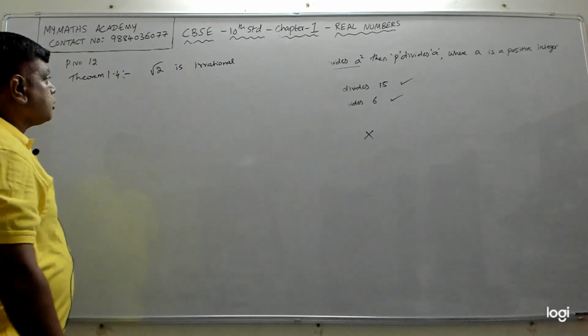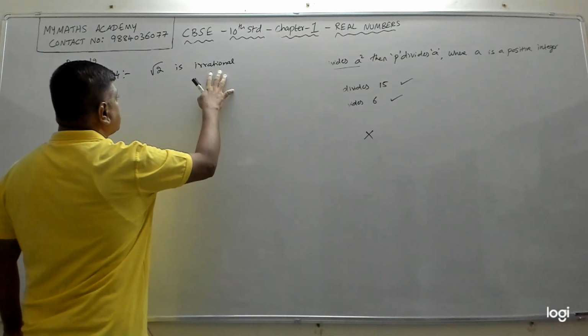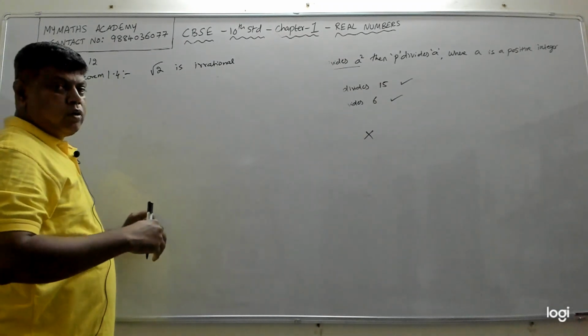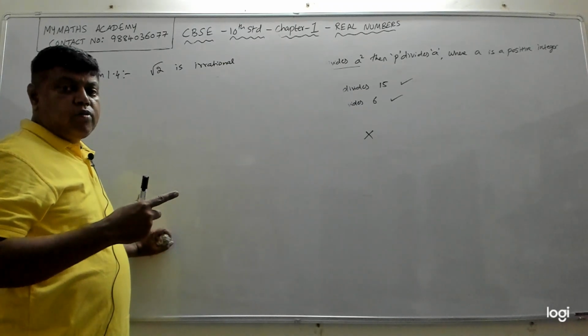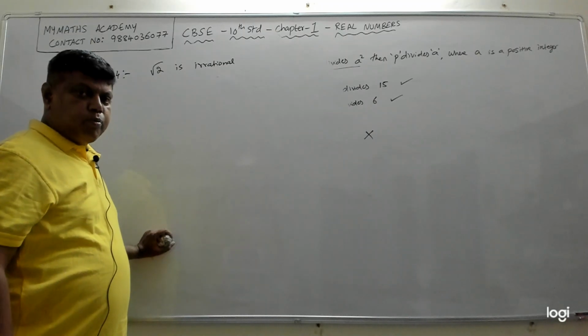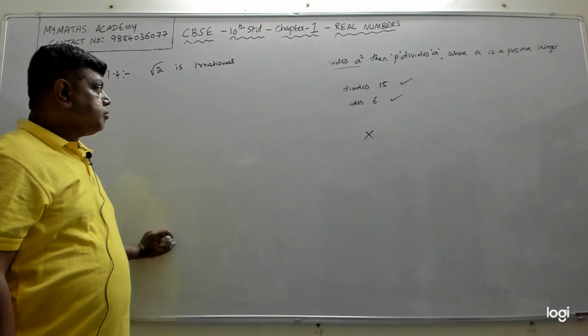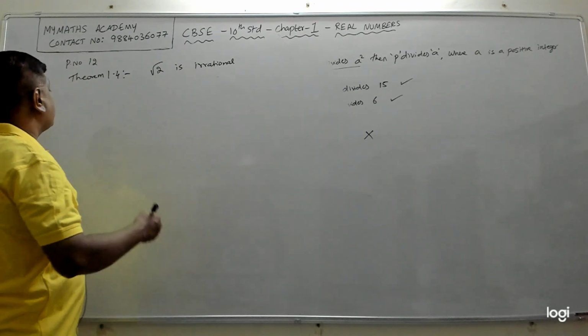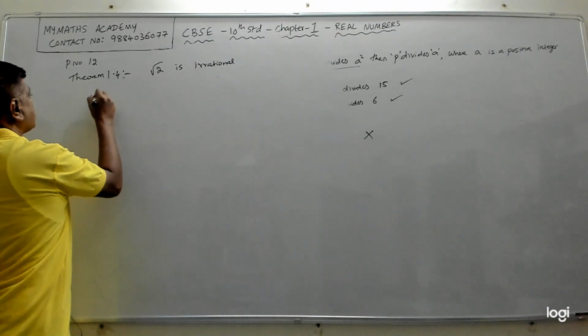Right? To prove that root 2 is irrational, we will use the method of contradiction. We have various methods to prove, but we will prove it by contradiction.